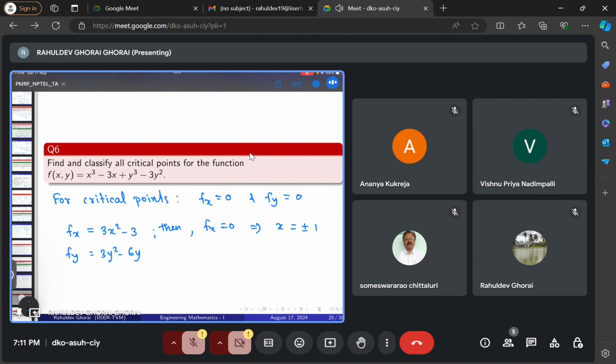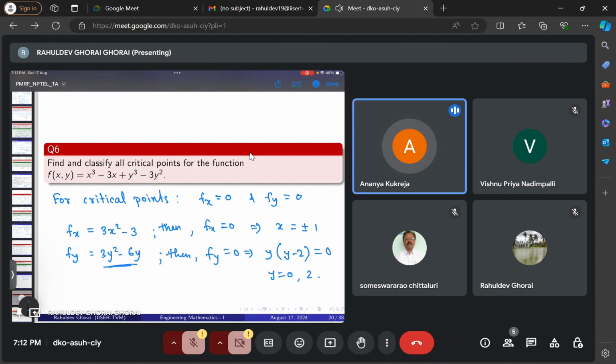And for this one, fy equal to 0 implies y times (y minus 2) is 0. That simply means y can be 0 or 2. So tell me what the critical points are then. From here, what will be the critical points?